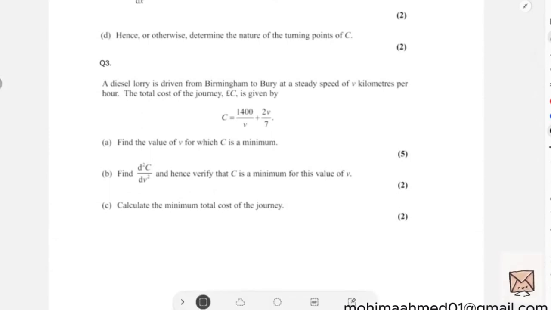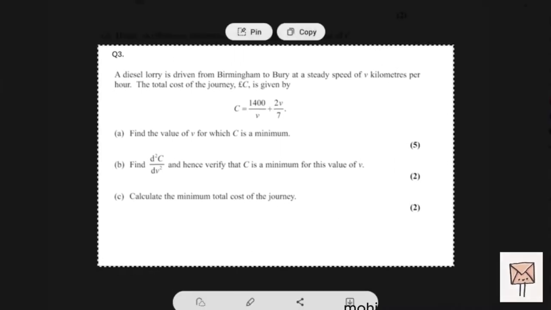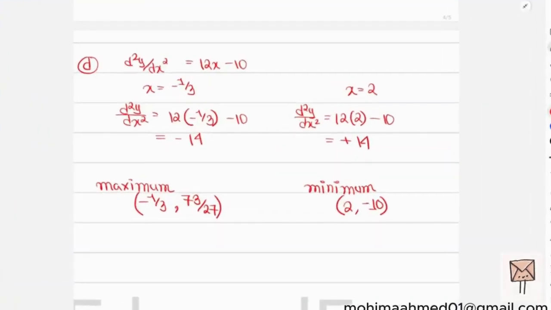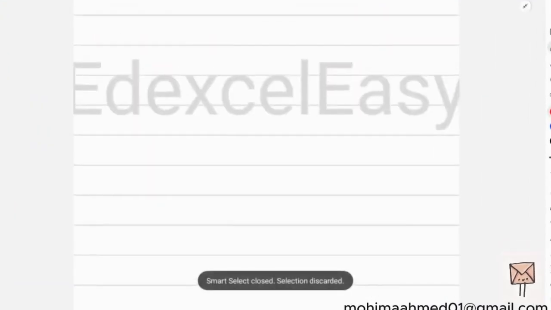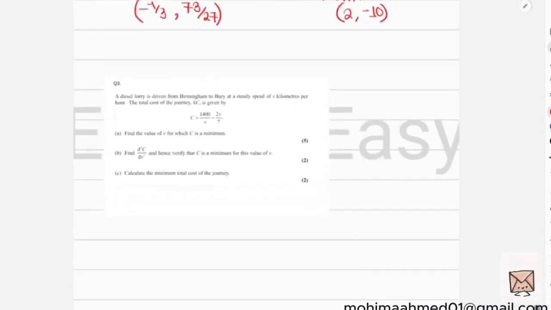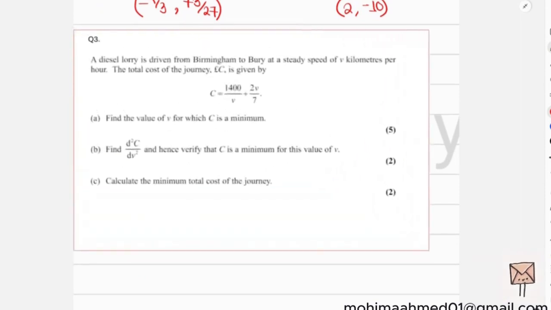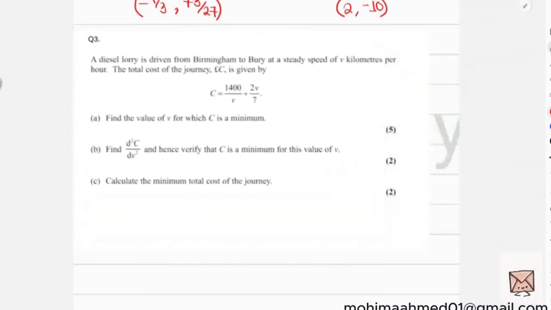Okay, we're going to do another maths question, which is this one. Now in question 3, it says that a diesel lorry is driven from Birmingham to Bury at a steady speed of v kilometers per hour.